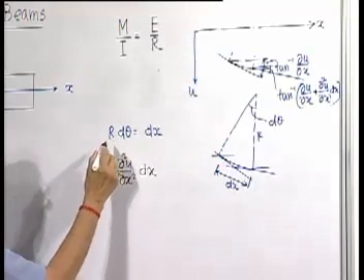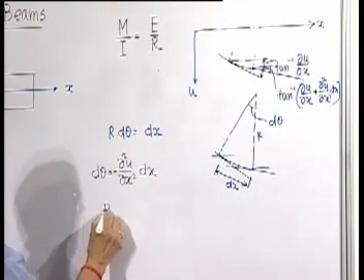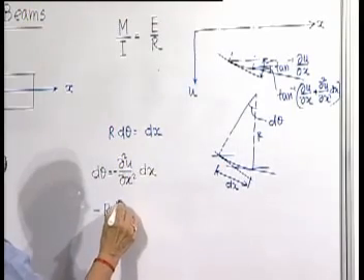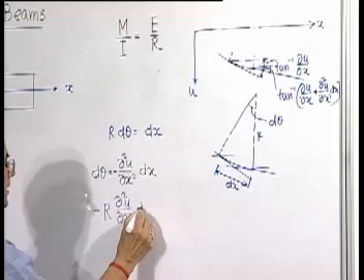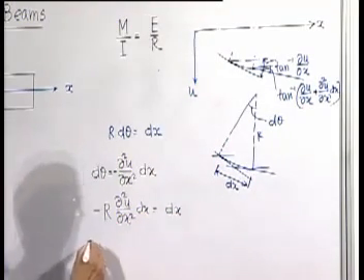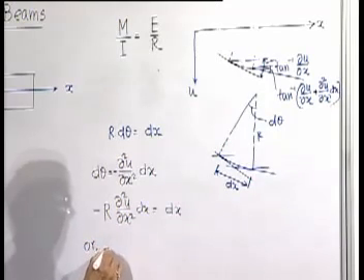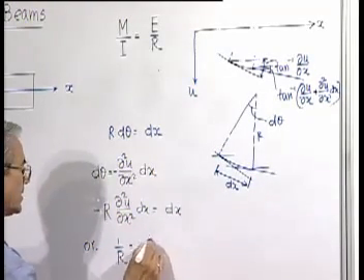So, therefore, we will get r del 2u del x square dx equal to d theta, or 1 by r equal to minus del 2u del x square.